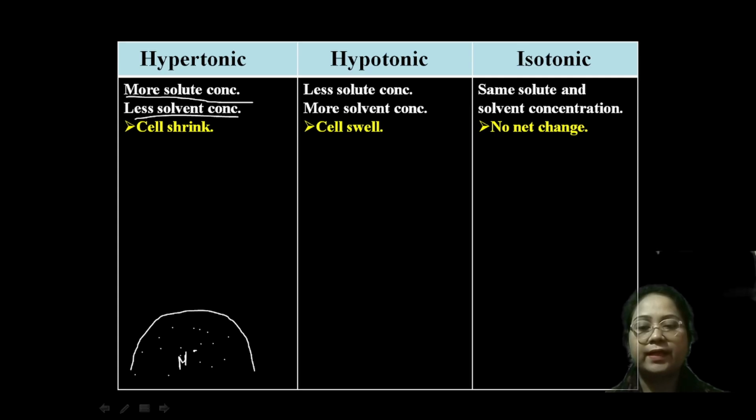So I am writing it as MS. And outside the cell, it contains less solvent, LS. So what will happen is the molecules from inside the cell will move outside to the external environment. And already we studied that when contents of the cell move through the plasma membrane to the outer environment, then what happens is the cell will shrink.